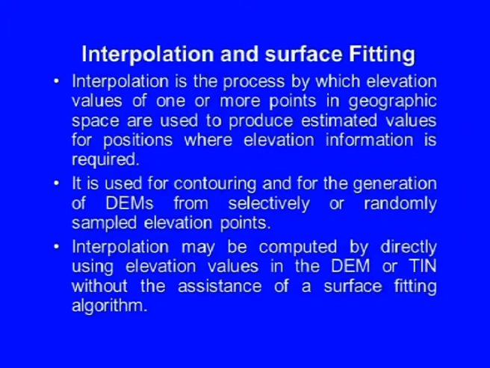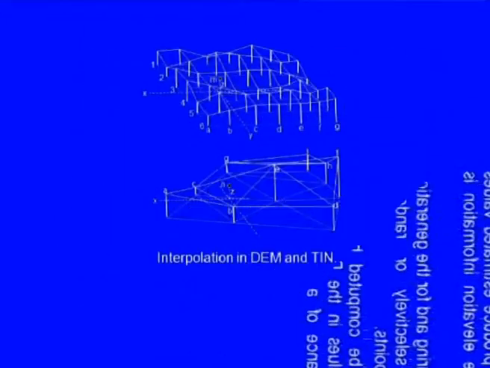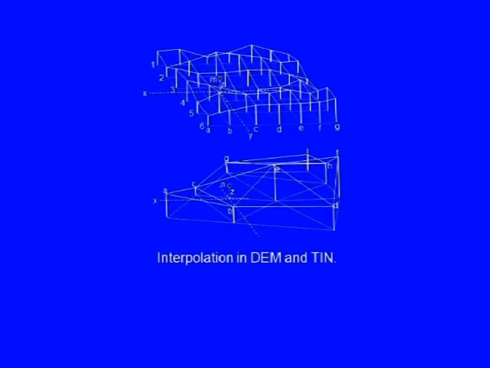Interpolation may be computed by directly using elevation values in the DEM or TIN without the assistance of a surface fitting algorithm. In this particular graphic, the general nature of DEM and TIN is shown for the viewers before we proceed to the interpolation.